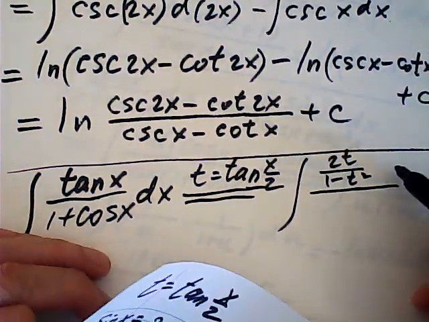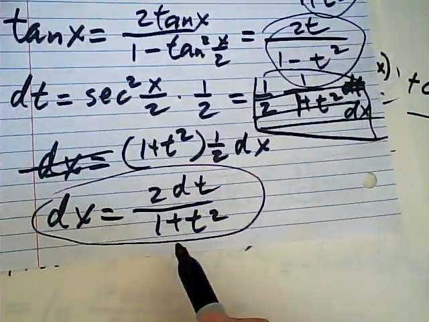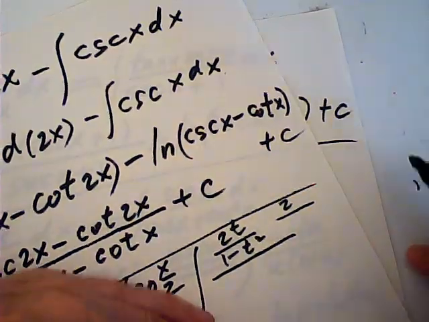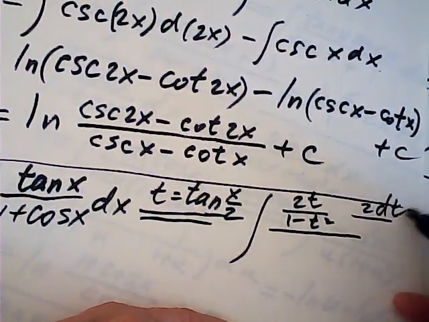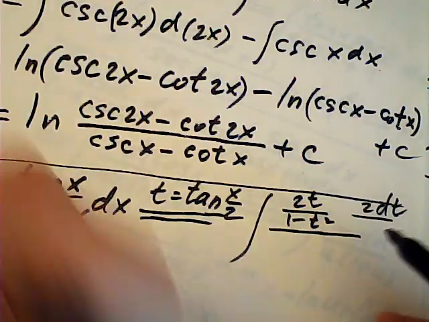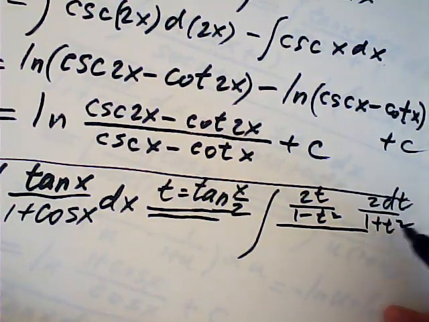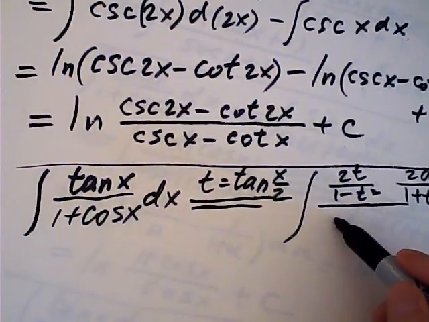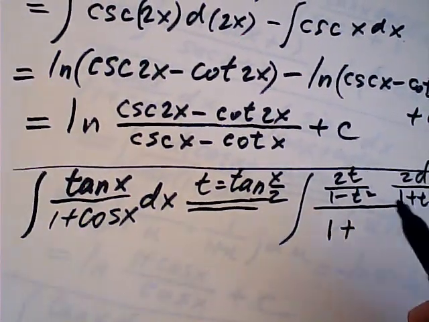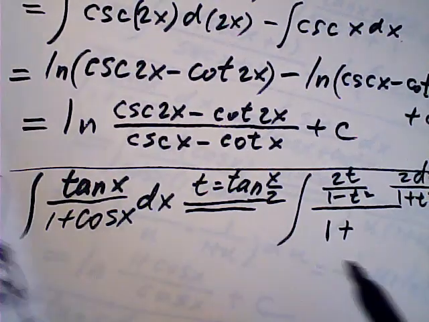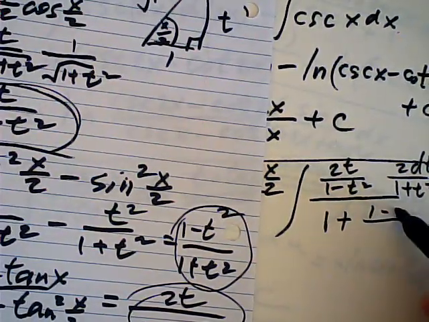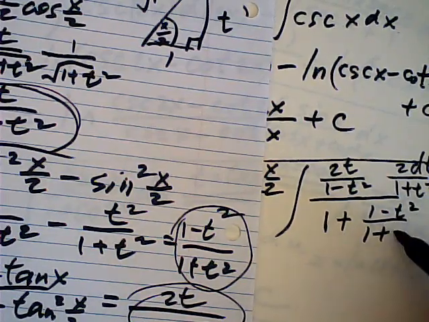And the dx is 2 dt, 2 dt over 1 plus t squared. And the cosine is 1 minus t squared over 1 plus t squared.